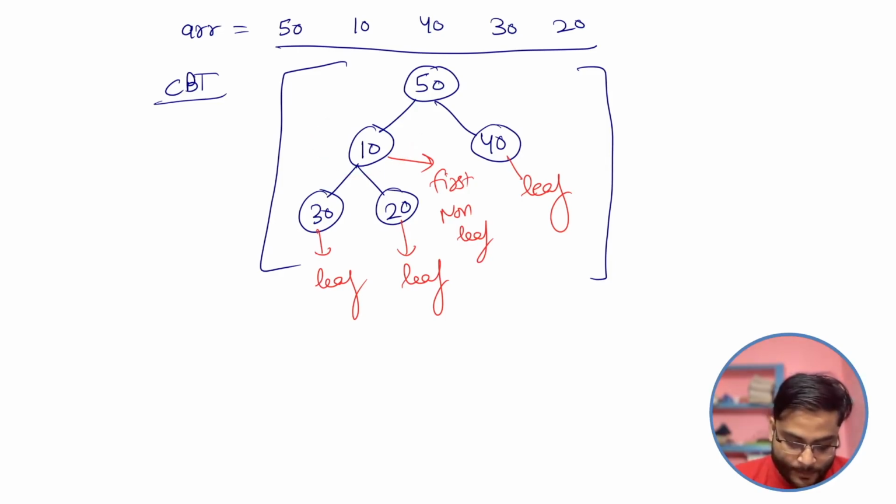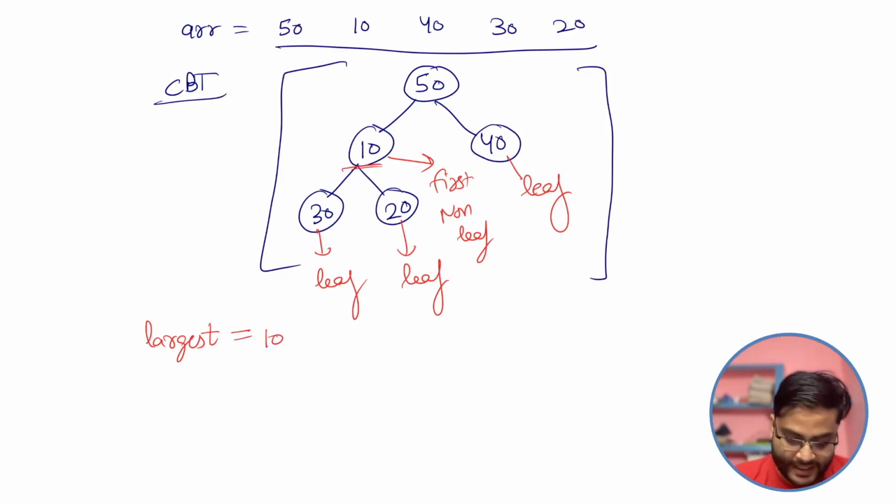Now I will compare this with its children. First I will compare with the left child, then with the right child. So let's compare 10 and 30. Out of 10 and 30, 10 is small, 30 is larger. We take a variable, let's say largest. Initially I take 10 as largest.